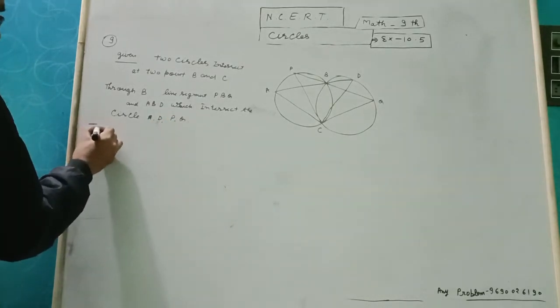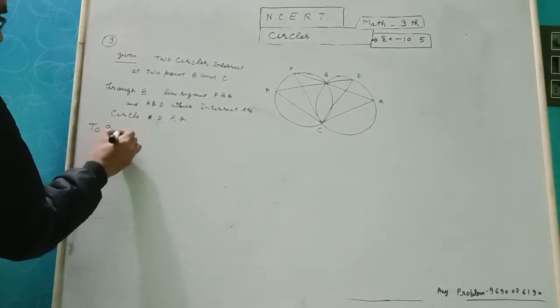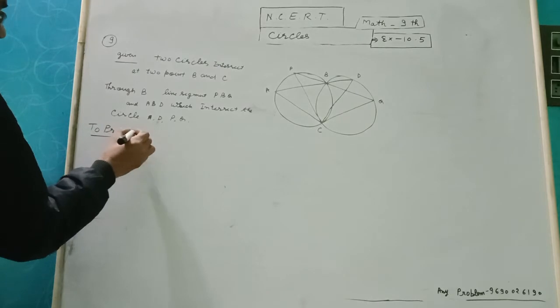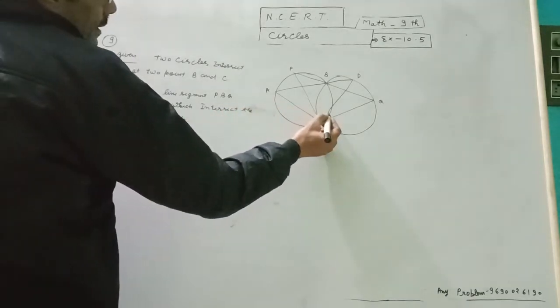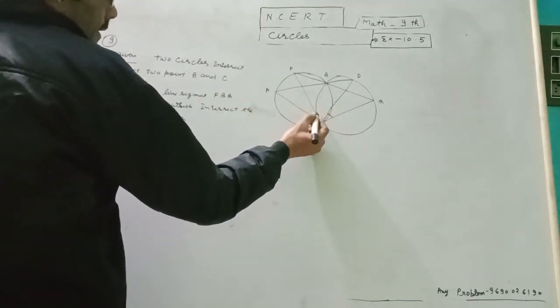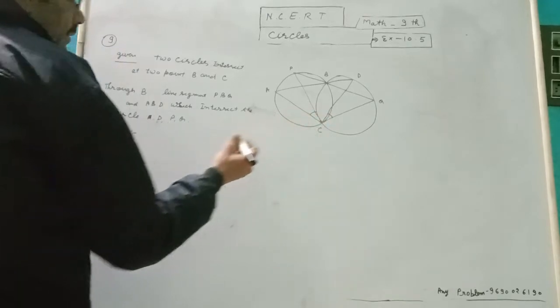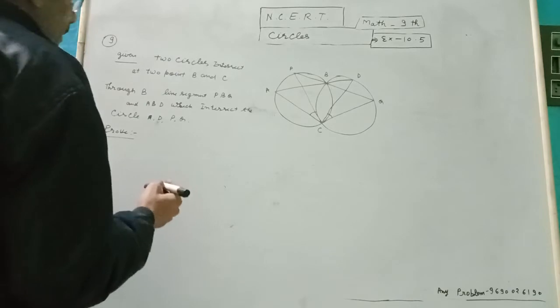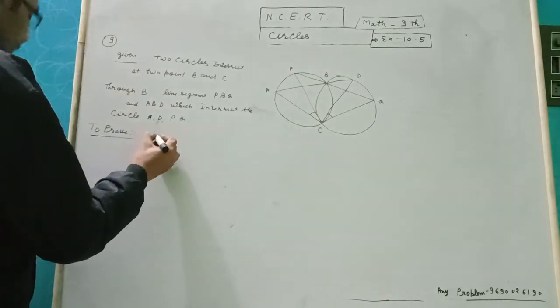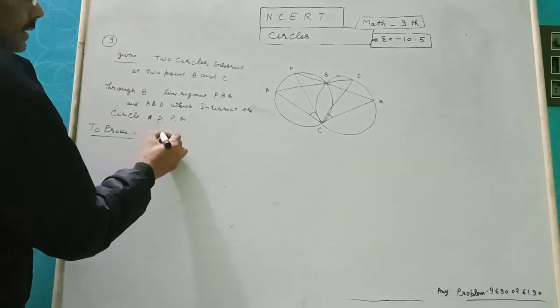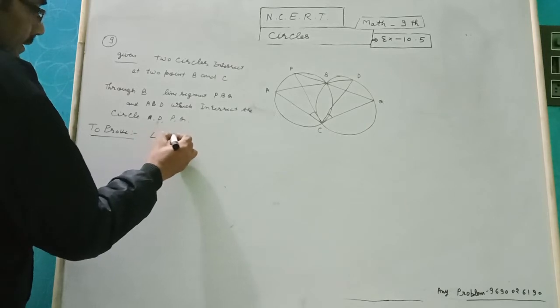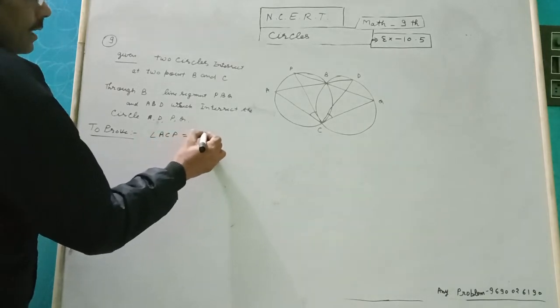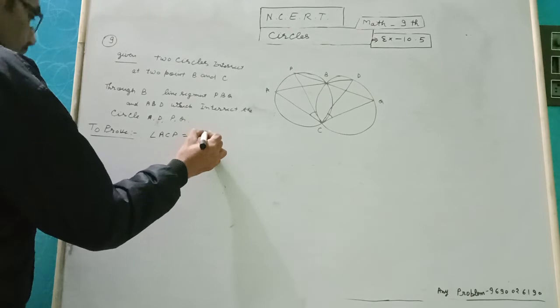To prove, in the figure, angle ACP is equal to angle QCD.